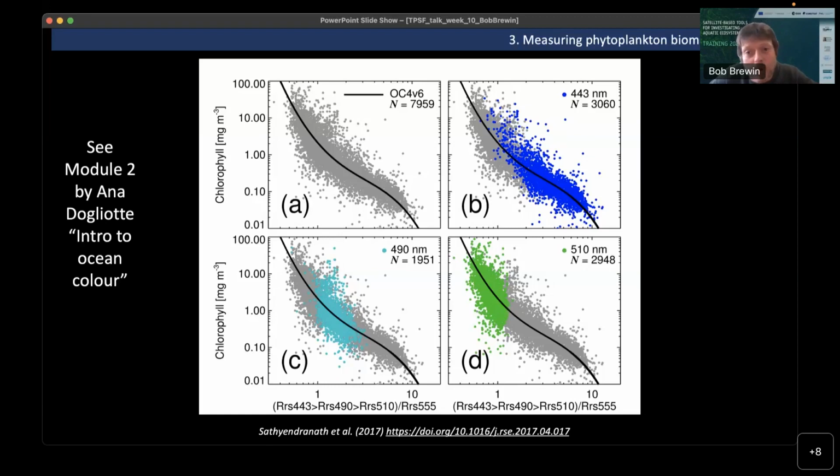If there's low amounts of CDOM, it's going to affect it. If there's high amounts of non-algal particles, and so on and so forth. So it's a model that's very much based on what they used to call a case one assumption, where phytoplankton are the principal component in the ocean controlling the optical properties.